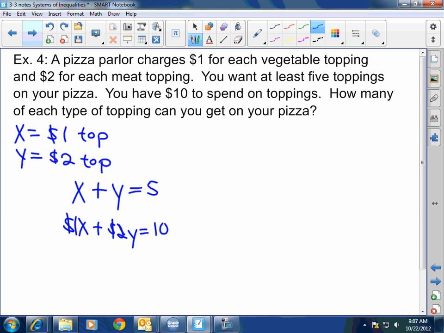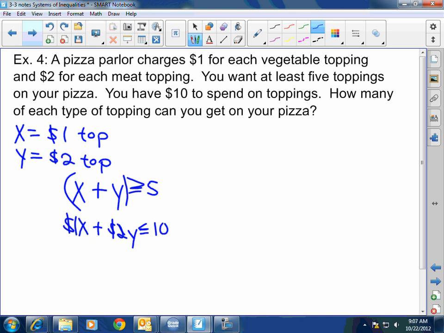Does that make sense here? Wait, the toppings, you want at least. How about I learn how to read? At least, so greater than or equal to. Sorry, my reading skills were off. And you have 10, so this has to be less than or equal to 10. Okay, sorry about that, my brothers.